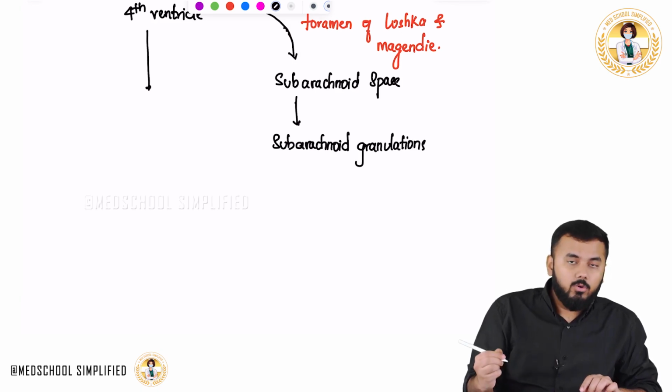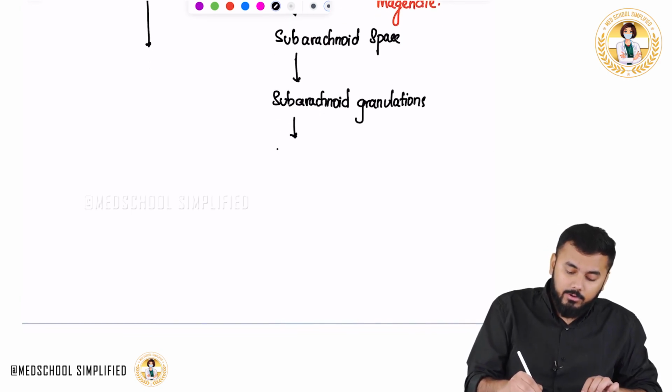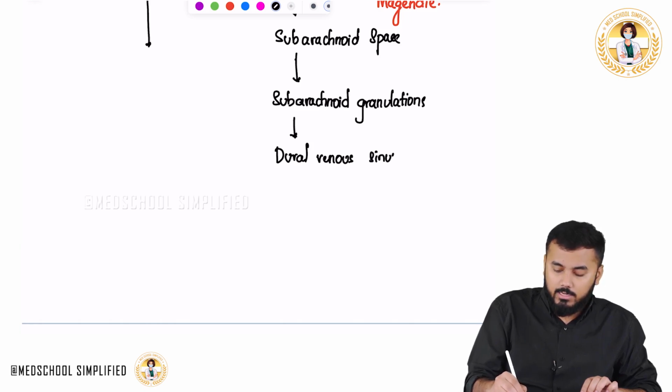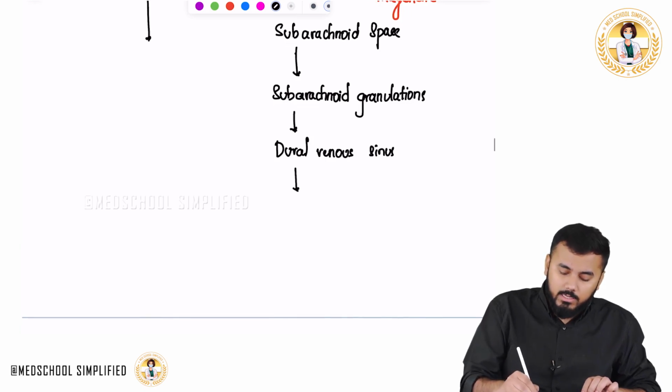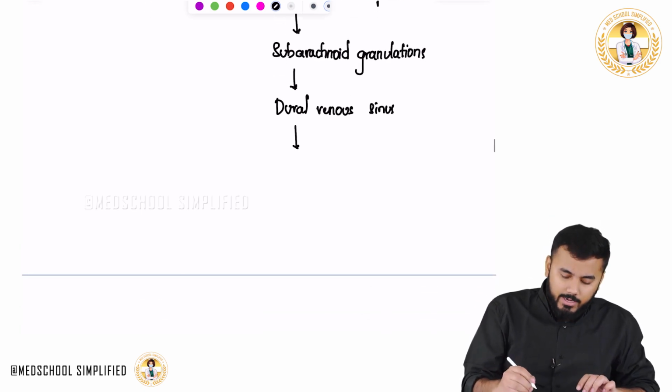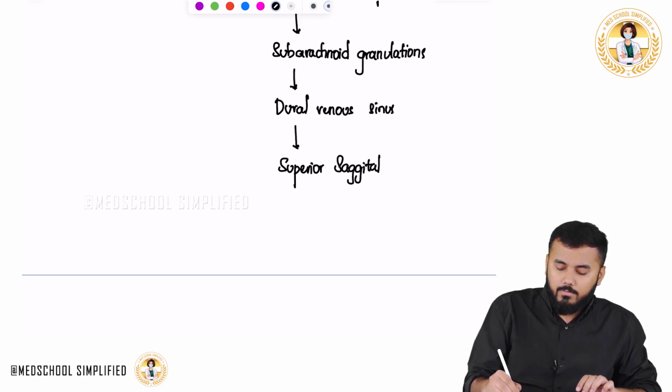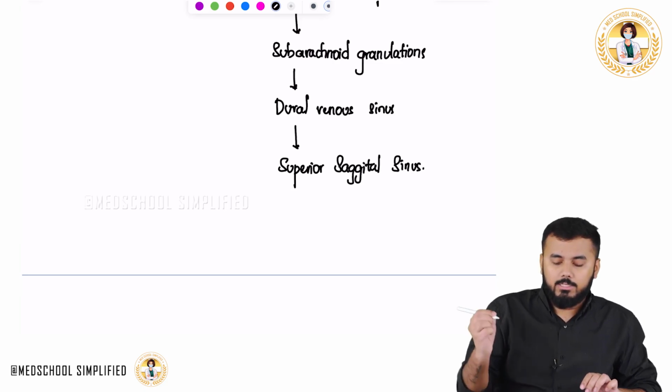And from the subarachnoid granulations, finally it will enter into your dural venous sinus. From the dural venous sinus, where would this enter? It would enter into your superior sagittal sinus.